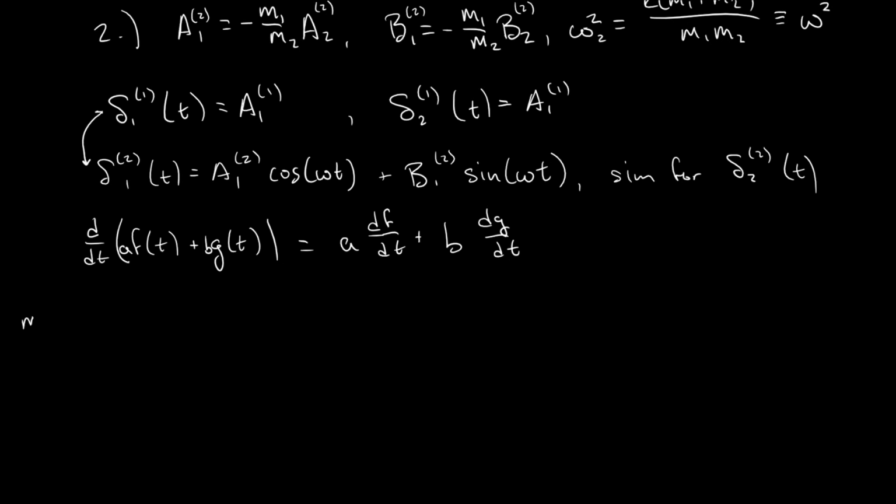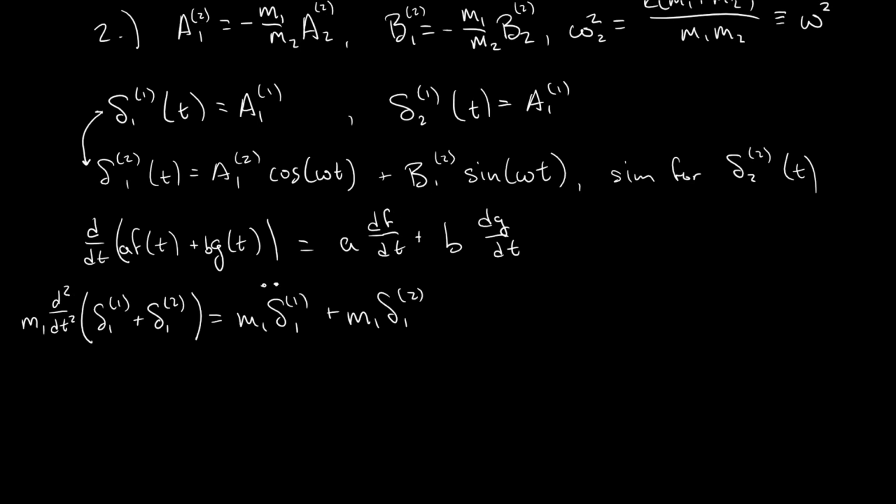If I do that, I'll get something which looks like d squared dt squared, so this is m1 times delta 1 1 plus delta 1 2, which is just going to be the second derivative of each of these: m1 delta 1 1 double dot plus m1 delta 1 2 double dot.